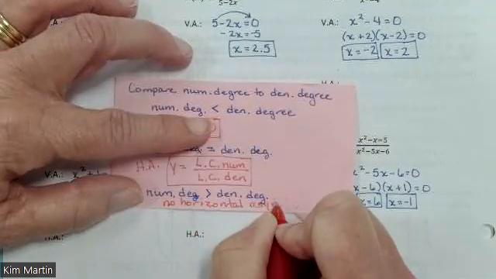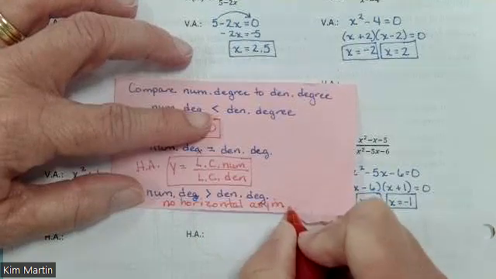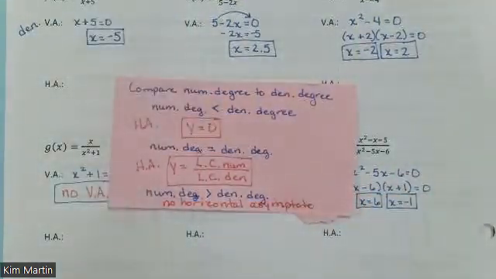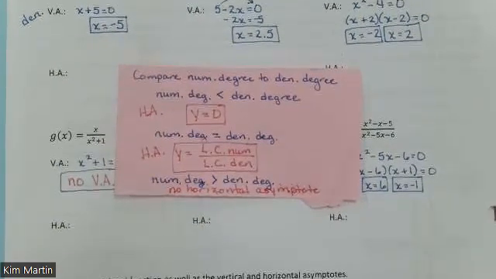And I don't know why I just didn't put HA, but you're done. In my other class, they would have to try to see if there's a slant asymptote. Because sometimes you don't just have horizontal and vertical, you sometimes have a slant like that. But you guys don't have to worry about that. That makes your life easier.